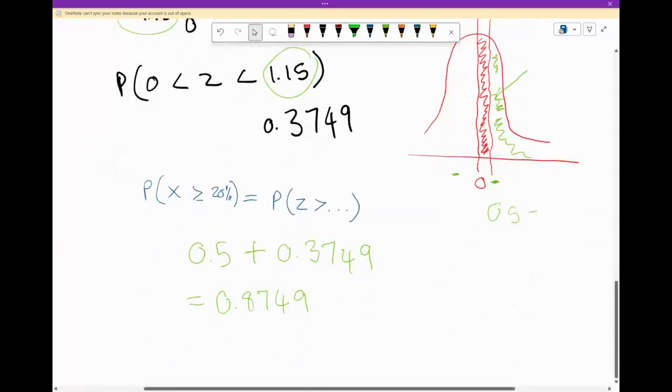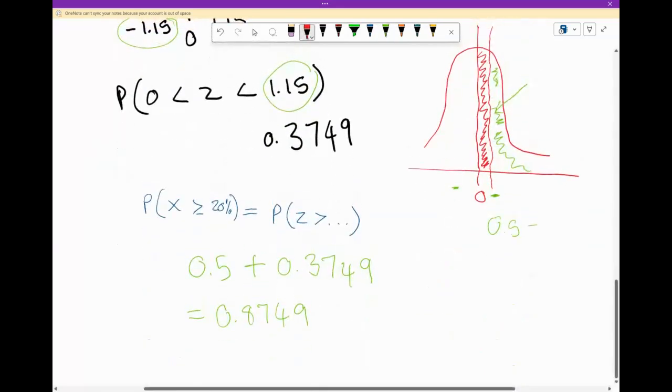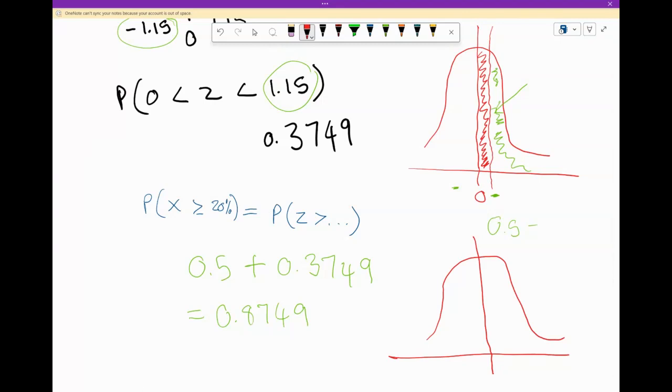Now, if we were looking for, I want to draw this for you guys, and I'm going to give you a break just now. I just want to wrap this whilst our minds are on this. If we were looking for less than, which means we would be looking for the area, I'm going to shade it in blue, the area this side. Can you see that?